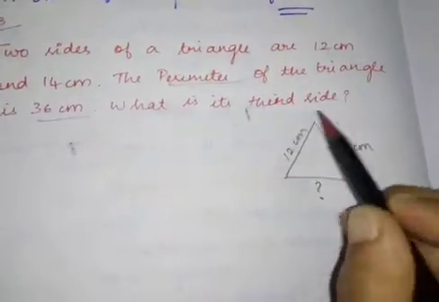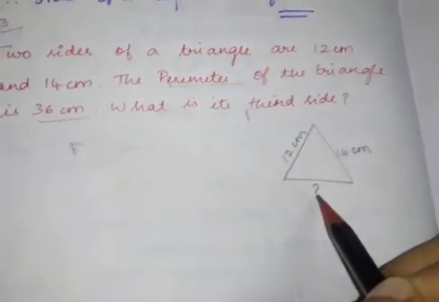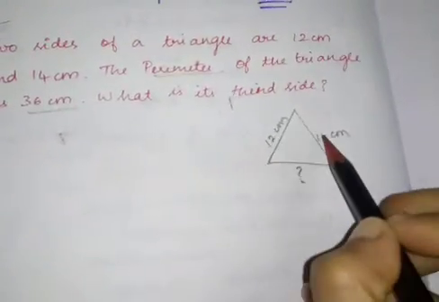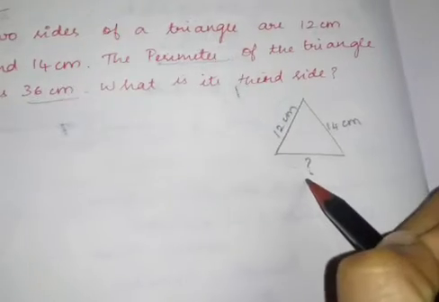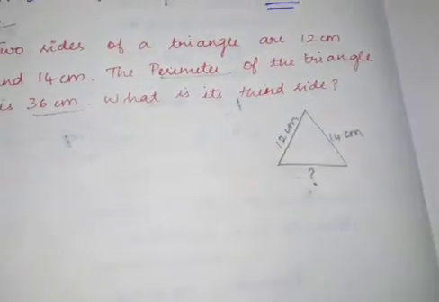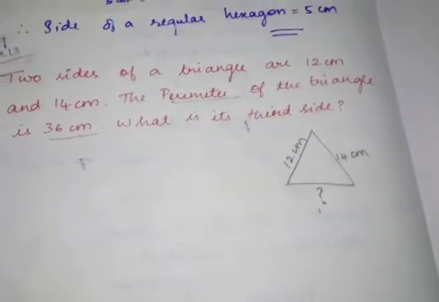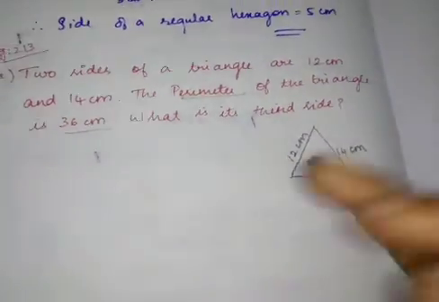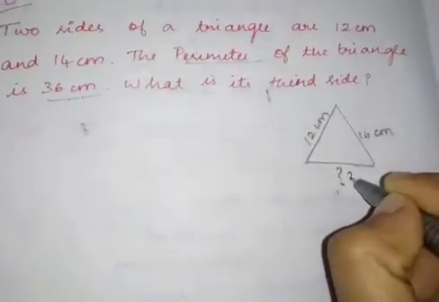Okay. Listen, the perimeter is given as 36 centimeter and another two sides are given and one side we are supposed to find. Okay. Now we'll do the solution. I'll take this third side as x.